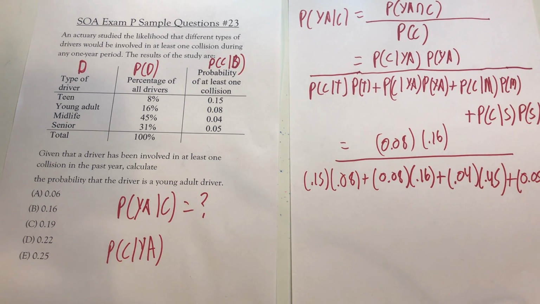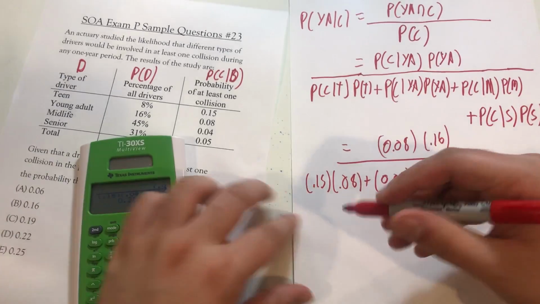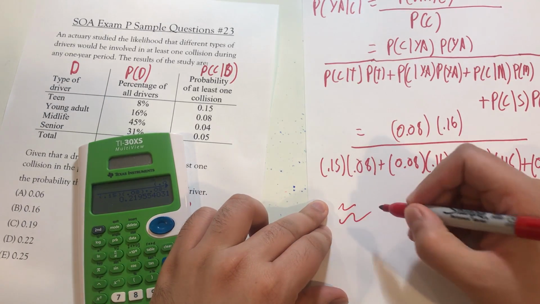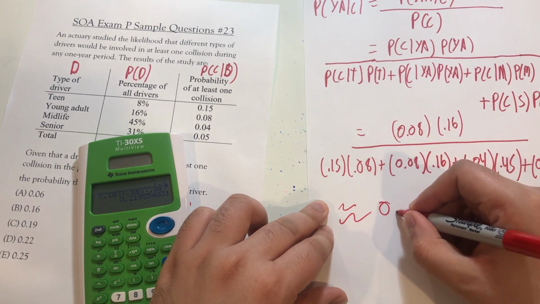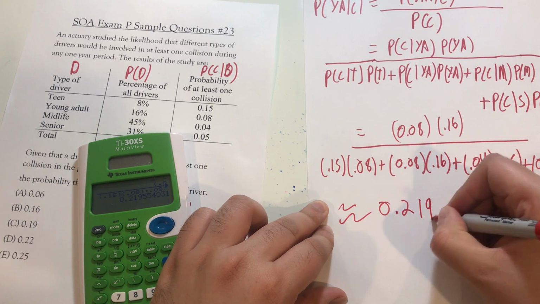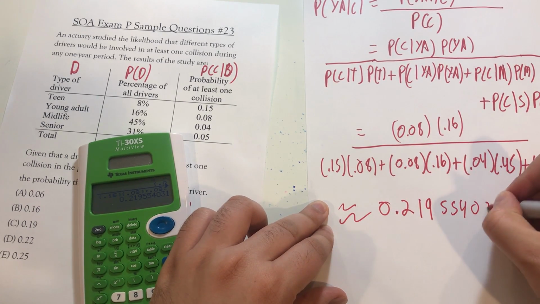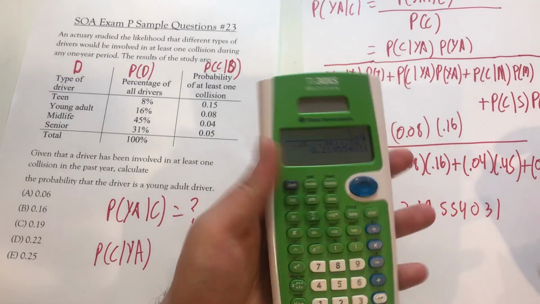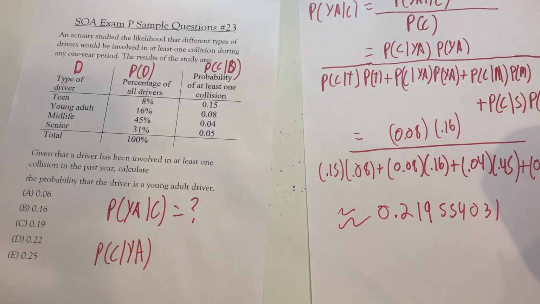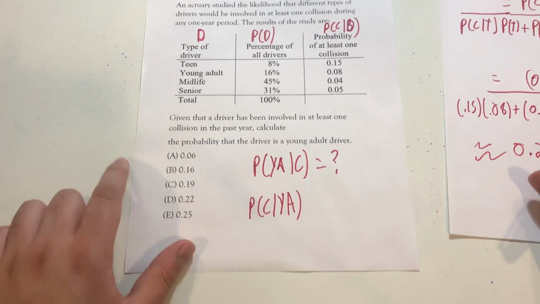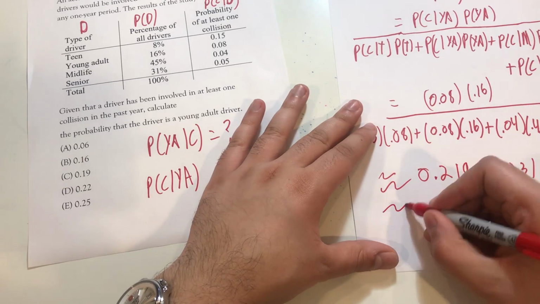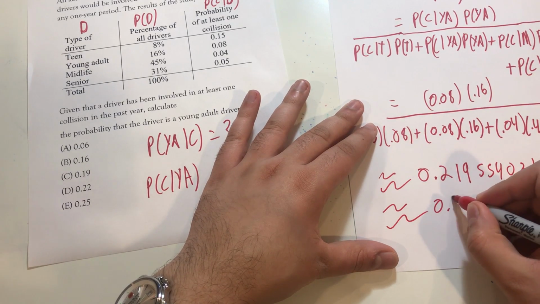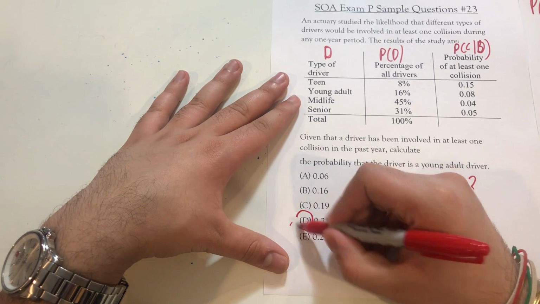And our answer is approximately 0.219554031. That's the answer the calculator is giving out. And since we're rounding to 2 decimal places in our answer choices, that is going to be 0.22 or 22%.